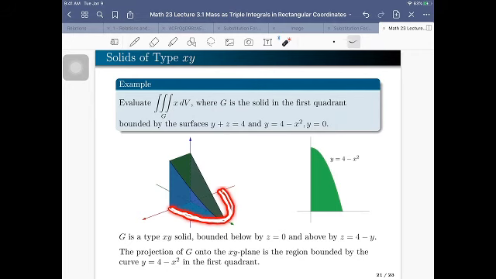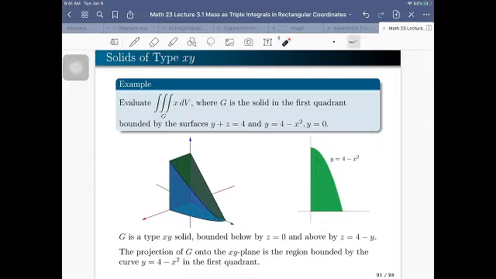This is now your generator, and you propagate this along the axis of the missing variable, which is z. So really, the solid looks like this. Because we're restricting ourselves to the first quadrant, you just get this solid.